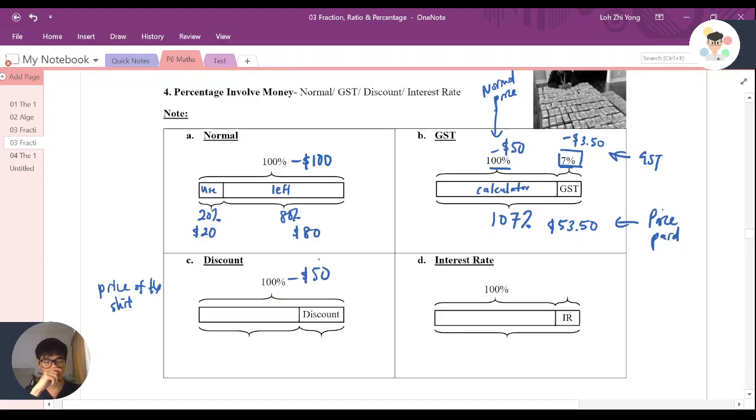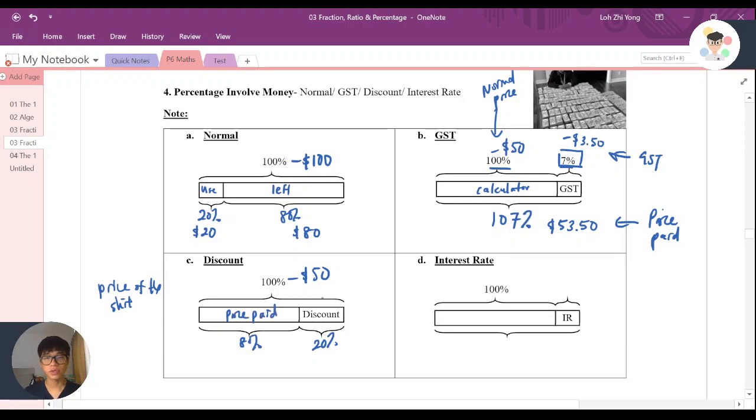Okay, again, $50. And what happened is the whole thing here is 100%. The price of the shirt itself is 100%. And example, the shop says that, oh, let me give you 20% discount. Then you know that if 20% is a discount, the leftover 80% is the price you need to pay.